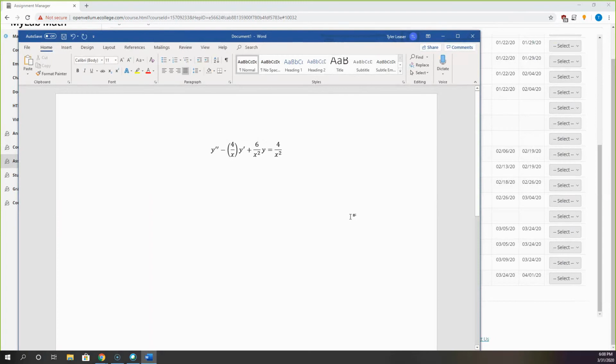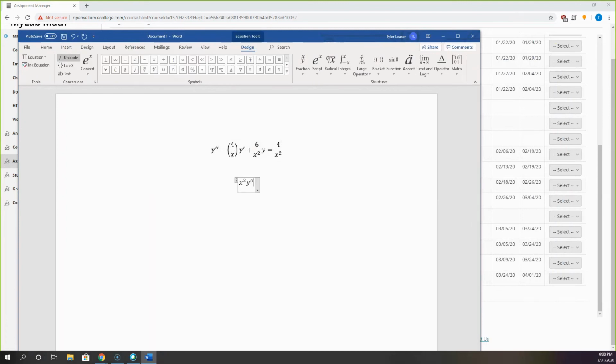Okay. Yeah. So there were a couple different ways of solving questions like this. And it kind of just depends how you feel comfortable doing it. But this is one of those equidimensional problems. It's just not quite like it yet until you multiply everything by x squared. Oh, okay.